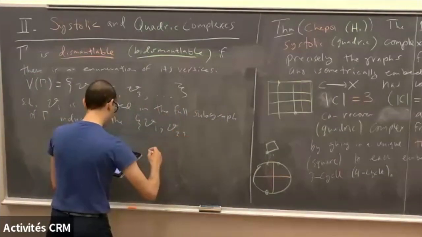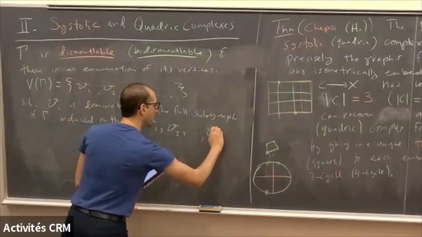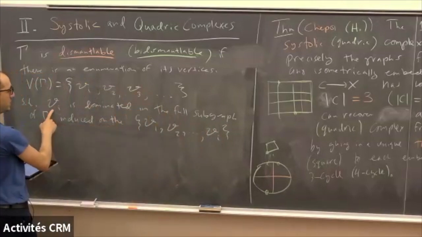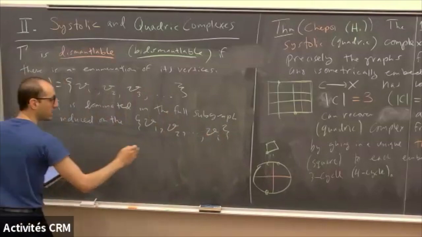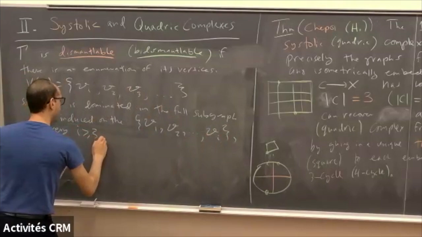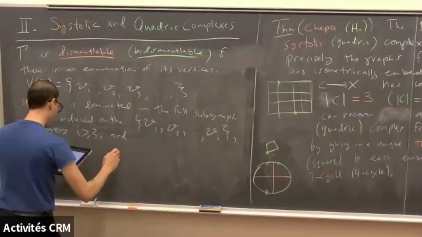This is the graph on the vertices from V1 to Vi. We don't care about the guys that are bigger than Vi. We just want Vi to be dominated in this prefix, for every i greater than or equal to 3.